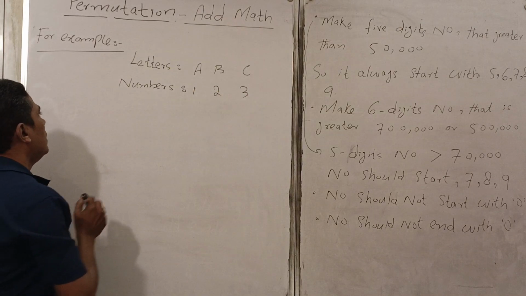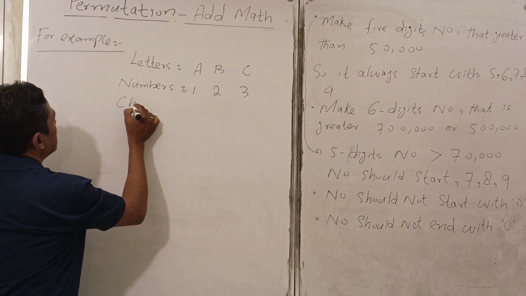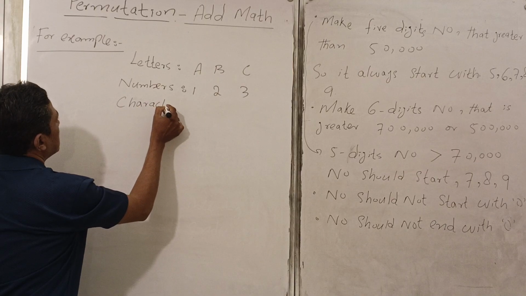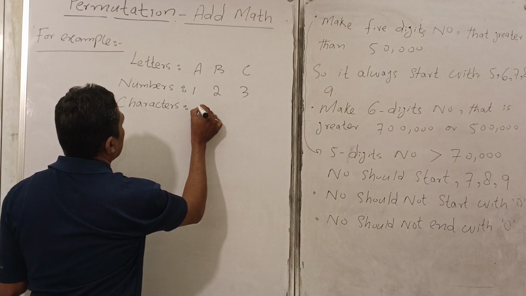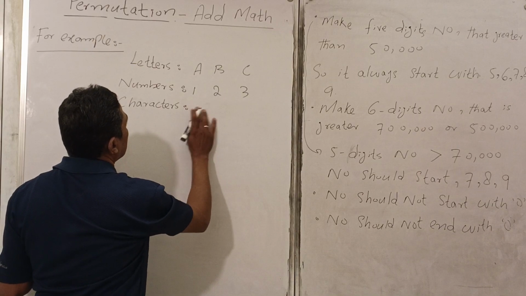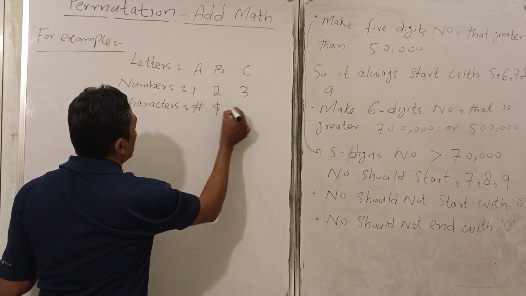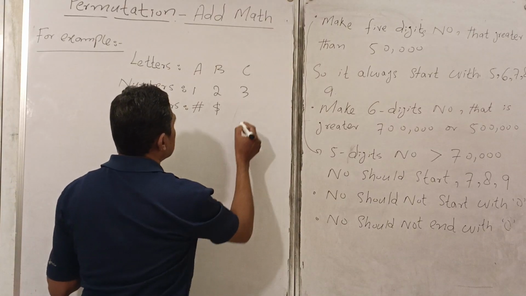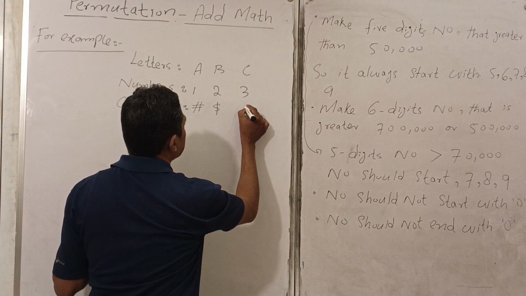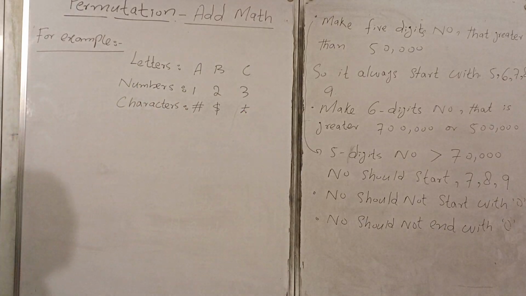Okay. And characters, for example hash, dollar, or euro. These are the characters. Okay.